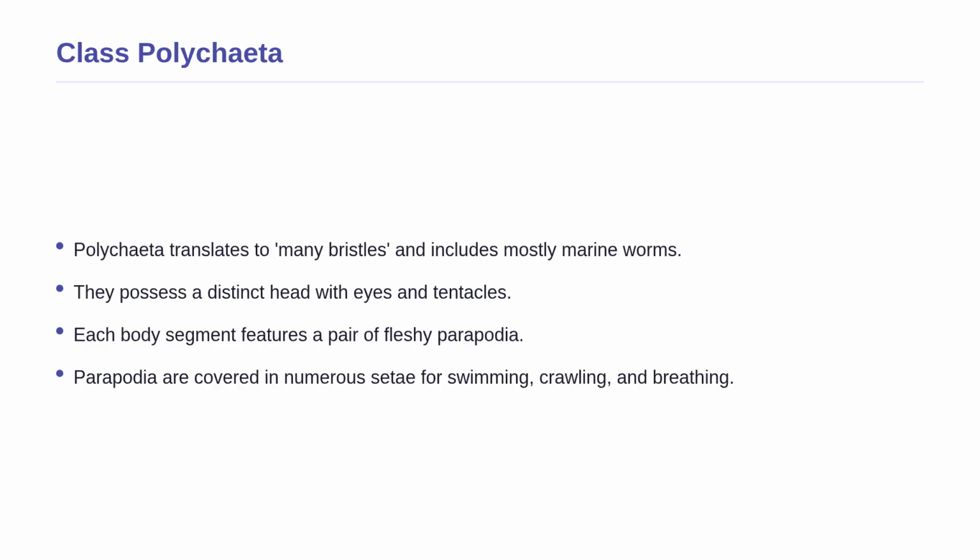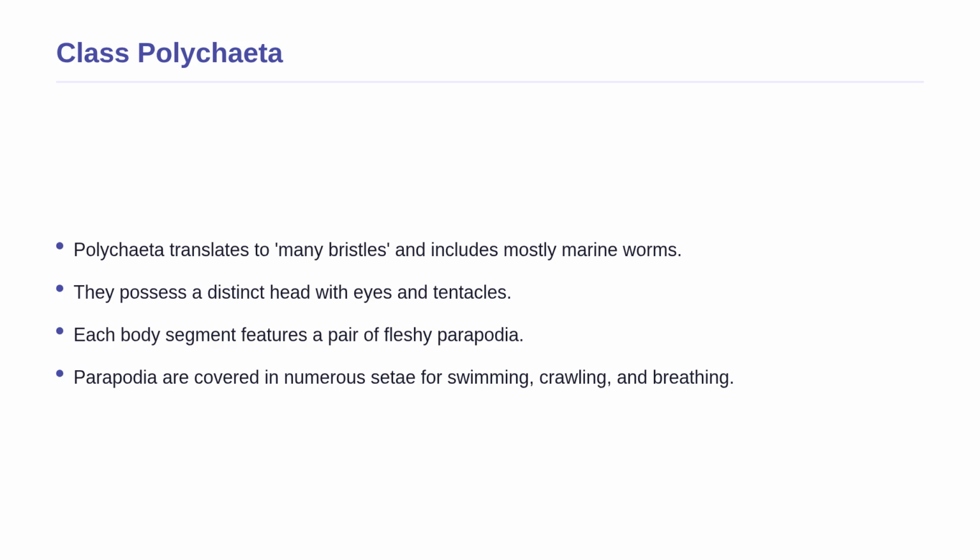The first and largest branch of this family tree is class Polychaeta, which literally translates to many bristles. These are almost entirely marine worms, like the clam worm or the beautiful Christmas tree worm. They are highly developed, characterized by having a distinct head, complete with eyes and tentacles.